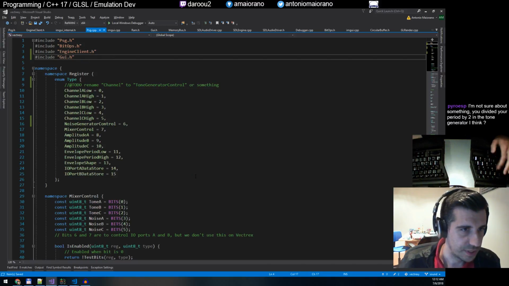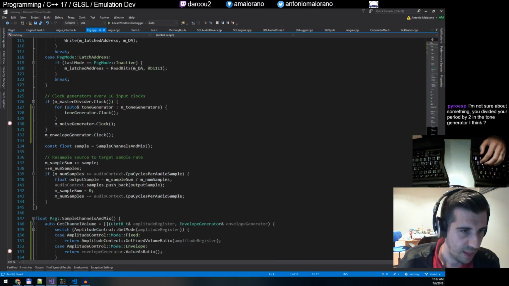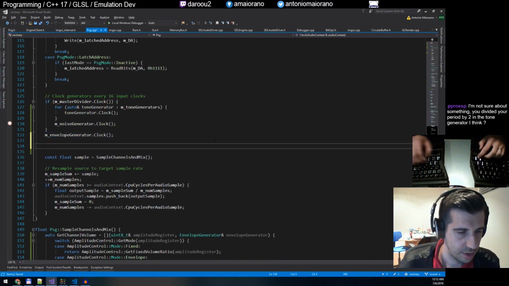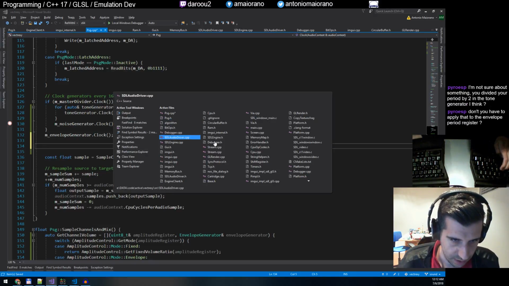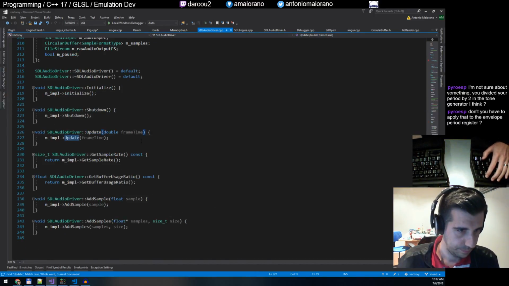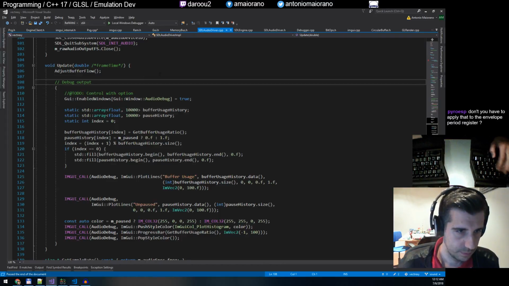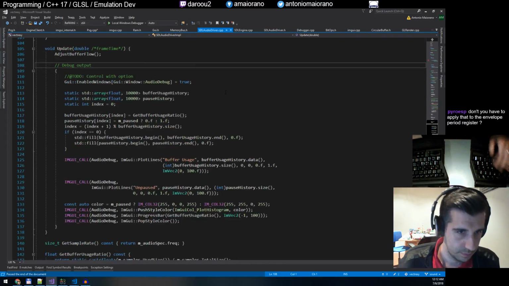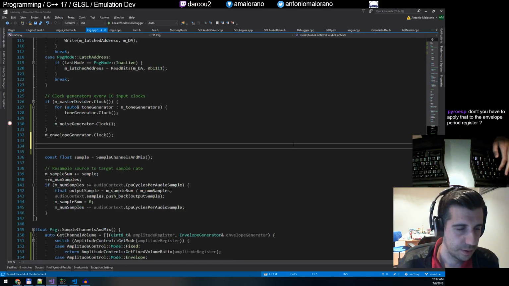I wanted to do this. Let's actually show what's going on in the envelope generator, just like we did in the audio driver. I'm going to copy some code here.